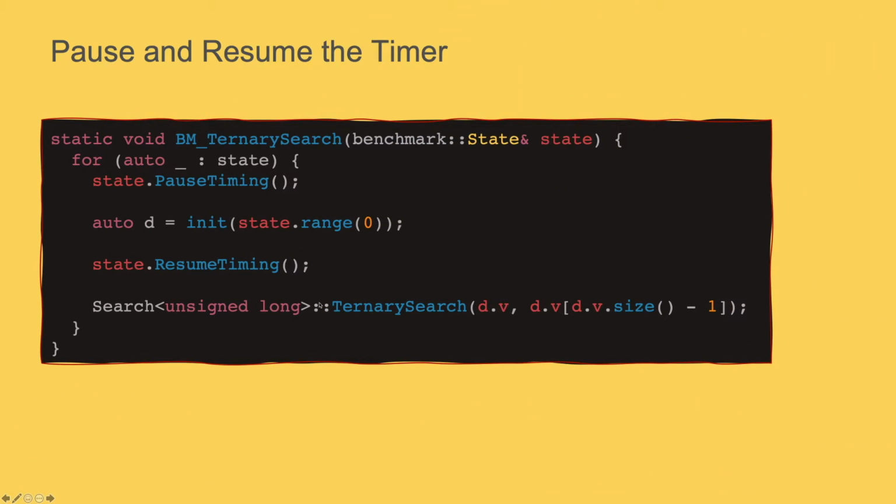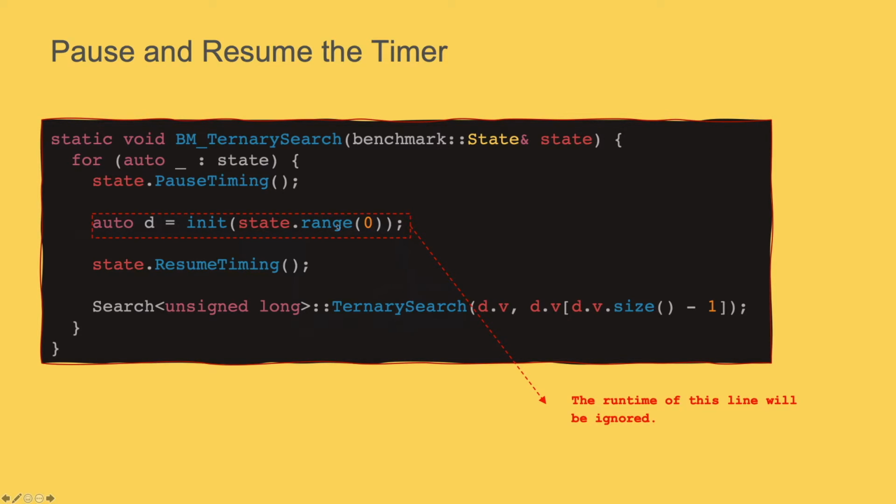Now, the other feature that this library provides is pausing and resuming the timer. So let's say I have this benchmark, and this is the function that I want to measure, ternary search. And let's say I want to first prepare data here, and then after that measure my function. But I don't want the timer to account for the time that I spent inside this initialization function.